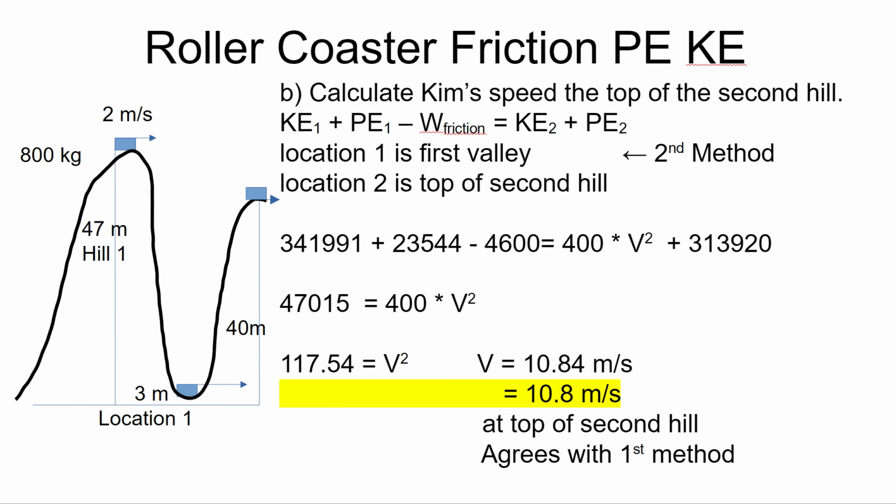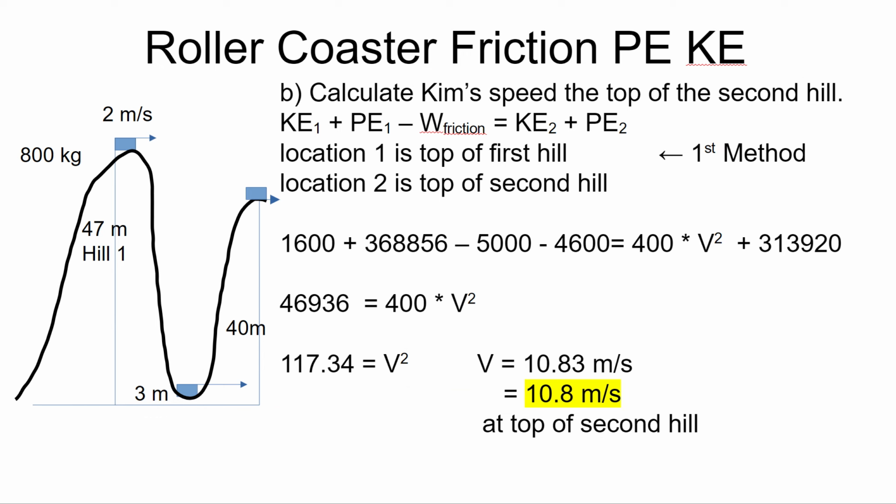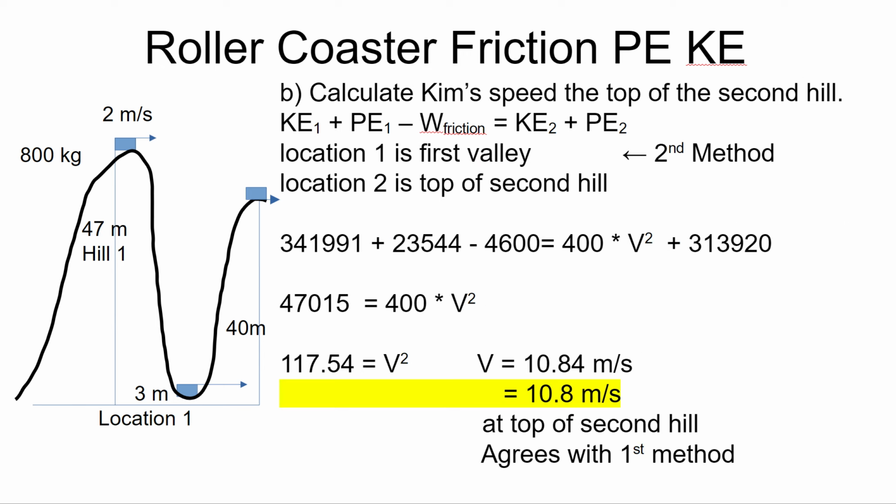And if I back up to my first method, I had 10.8 meters per second. Slightly different at the fourth digit, if you notice, and that's due to the rounding off that we've had at the velocity of the bottom of hill number 1, but close enough. It's 10.8 meters per second. It agrees with the first method.